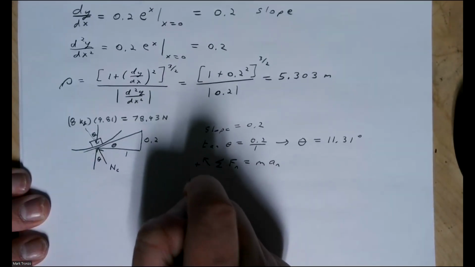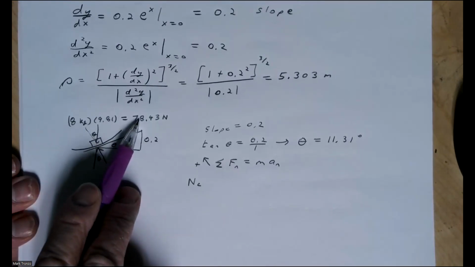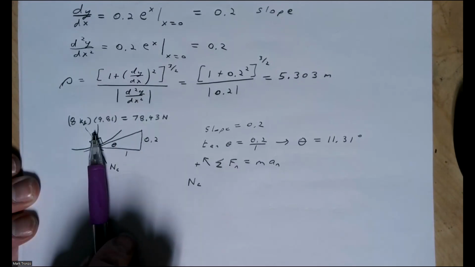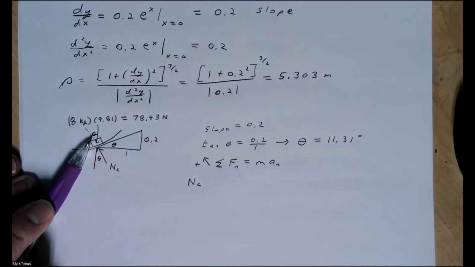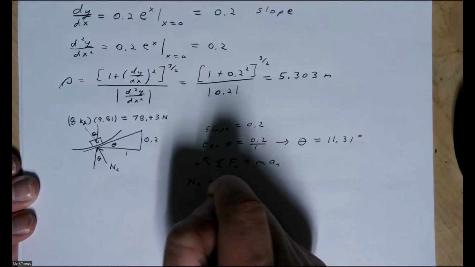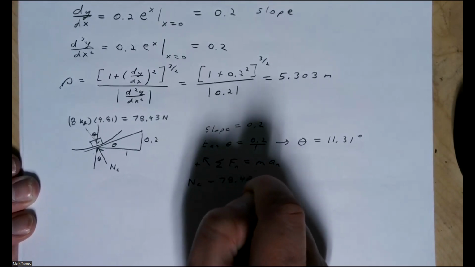We're going to have our normal, then minus this force down here. But again, we want to resolve it into the normal direction, and that's going to be at an angle theta. So that's going to be our 78.48.